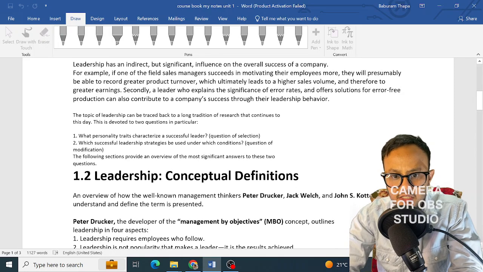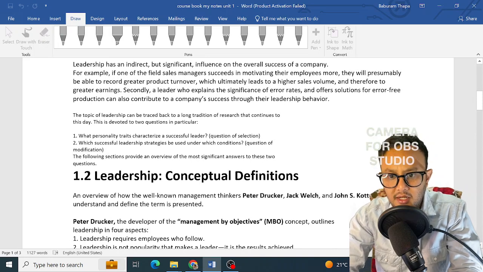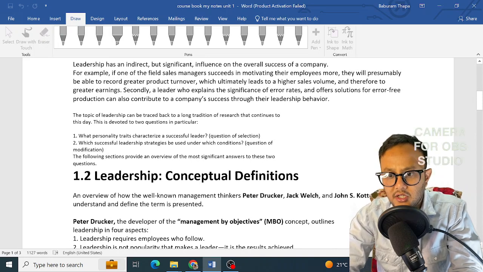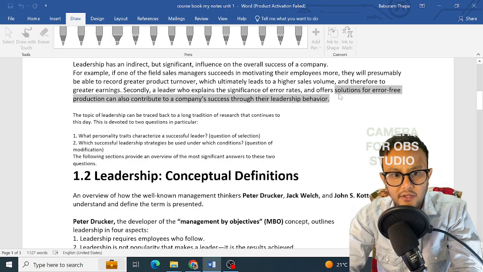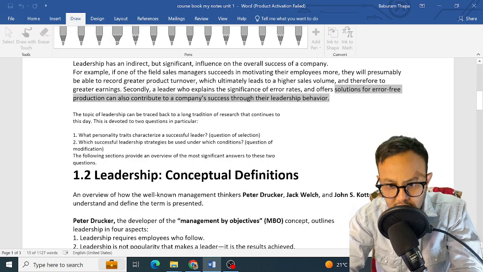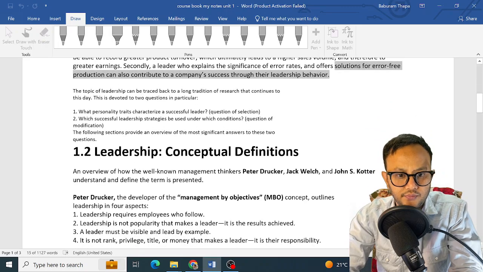Secondly, a leader who explains the significance of error rates and offers solutions for error-free production can also contribute to a company's success through their leadership behavior.